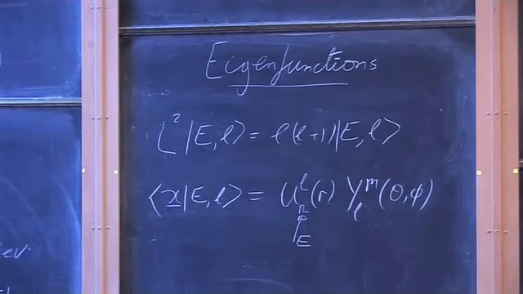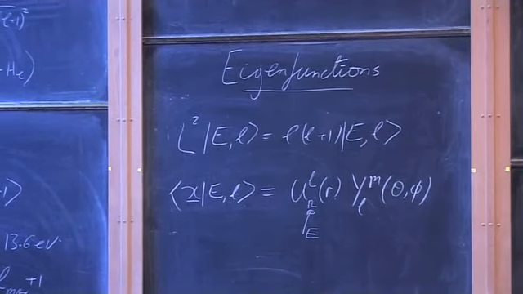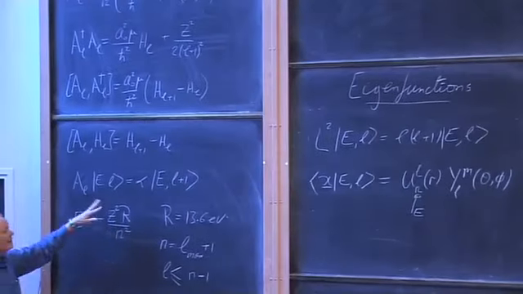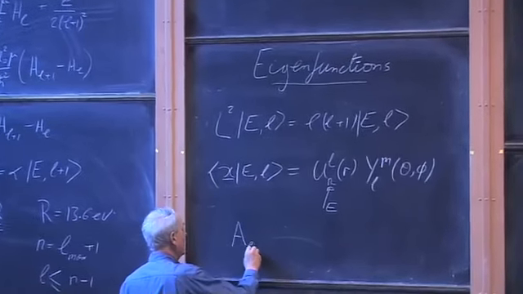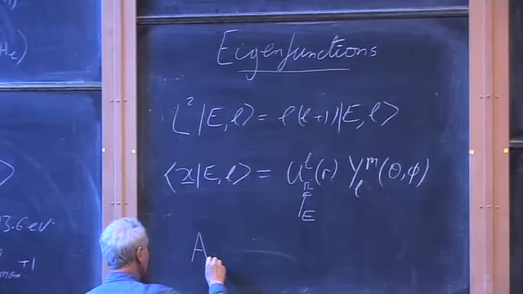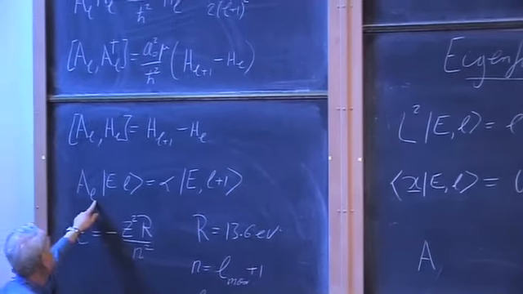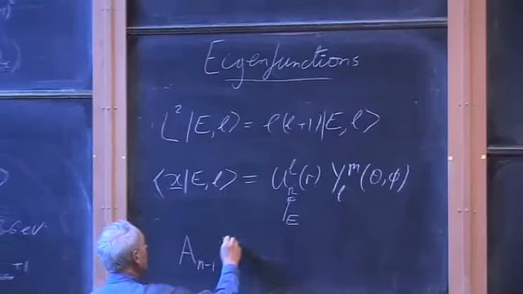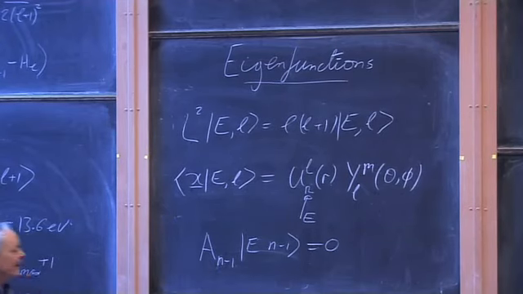That's what we're looking for, and we're going to get it just as we got the wave functions for the harmonic oscillator stationary states, by studying the equation in which this operator, your ladder operator, kills the thing off in the appropriate circumstances. So we look at the equation for A_L for the maximum value of L, which is n minus 1. If we use A_{n-1} on E_{n-1}, we get nothing. It's the end of the line.